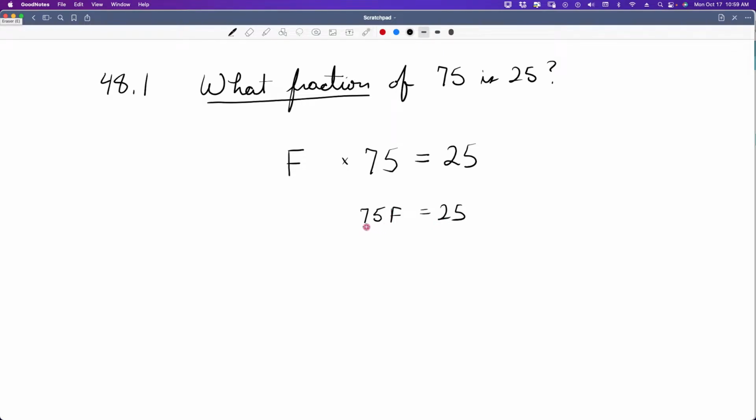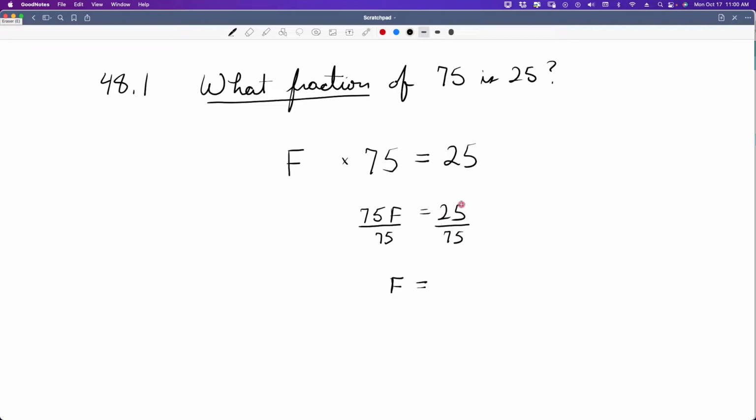Now we know what to do. We're going to divide both sides, because whatever you do to one side, we have to do to the other side. We're going to divide by 75. 75 over 75 is 1, so that factors out. So then all we have on this side is F. But we can reduce this fraction by 25.